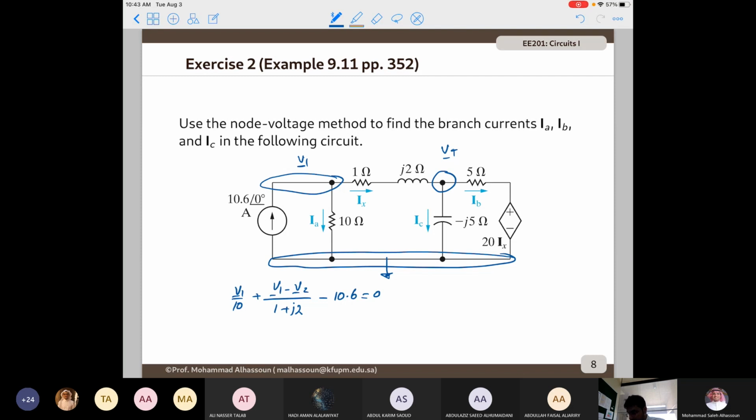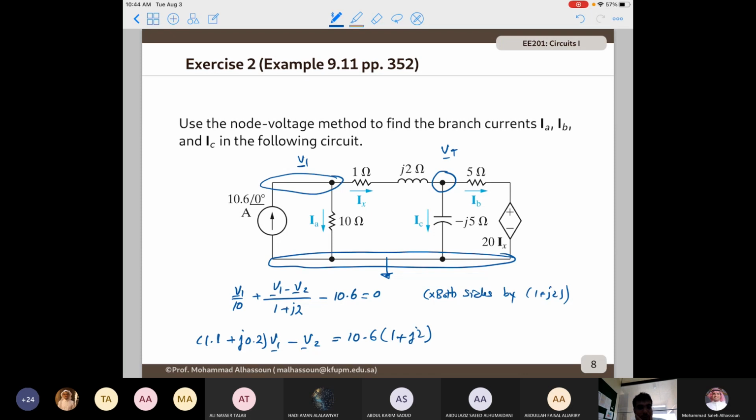If you multiply both sides by 1 plus J2, you'll get (1.1 plus J0.2) V1 minus V2 equals 10.6 (1 plus J2).